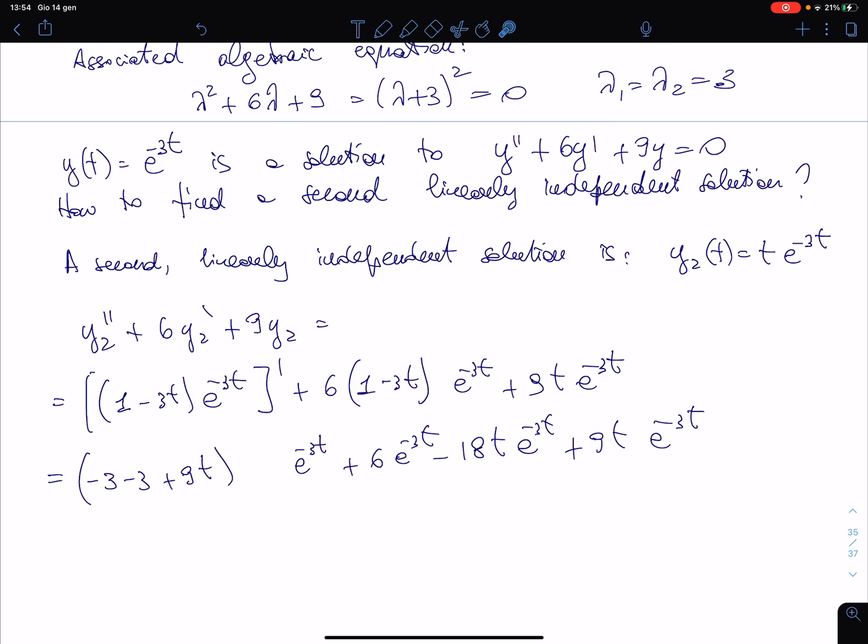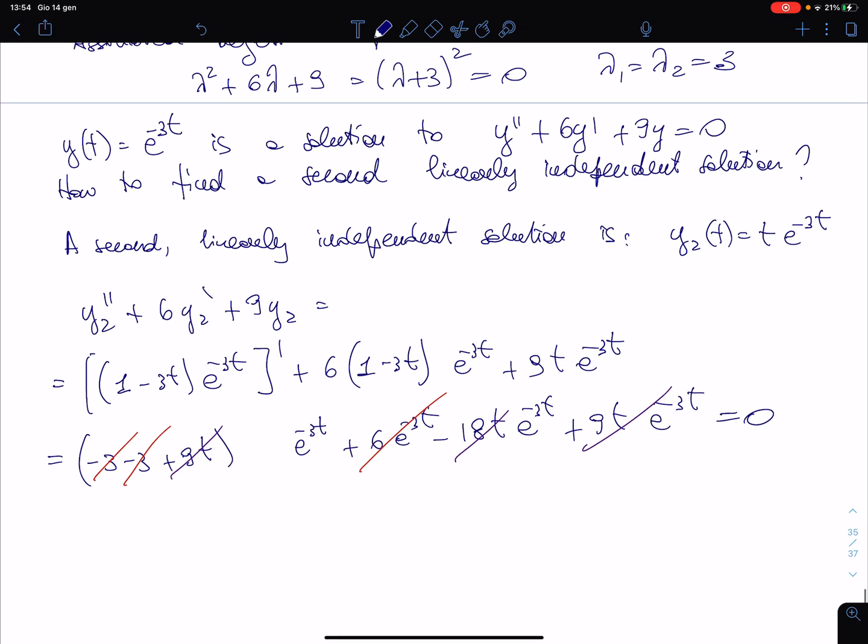And you see that you have -6 e to the -3t plus 6 e to the -3t, so these two cancel. On the other hand, you have 9t plus 9t, 18t minus 18t. So everything cancels, and this is equal to 0. And so you prove that y2 is a solution to the homogeneous equation associated to the ODE.